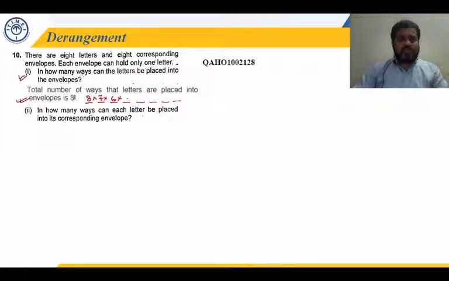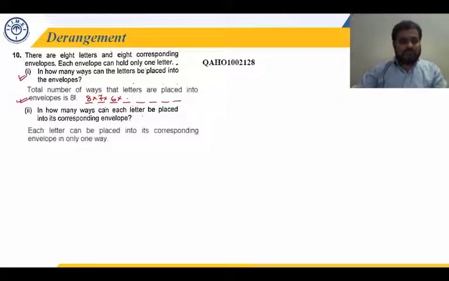Second part is saying in how many ways can each letter be placed into its corresponding envelope. So here corresponding means that each letter has to be put into the correct envelope. So how many ways are there? There is only one way. If each letter has to get into the correct envelope, then you have only one choice.